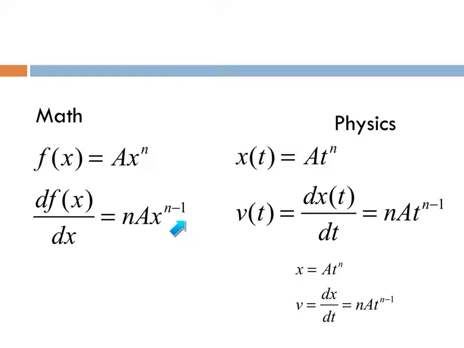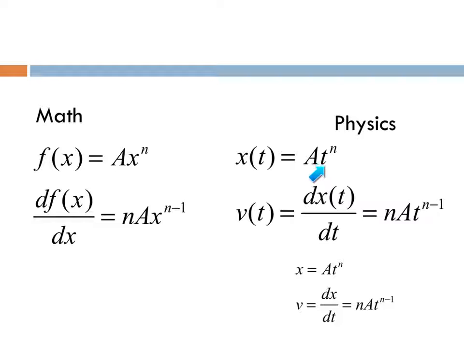And then we do the exact same thing in physics. Here we're going to have a position function that varies with time, which we know from our motion graphs, since time is what's changing and position changes depending on what time is. So here we have position with respect to time is equal to a, again just a value, times t to the n power.